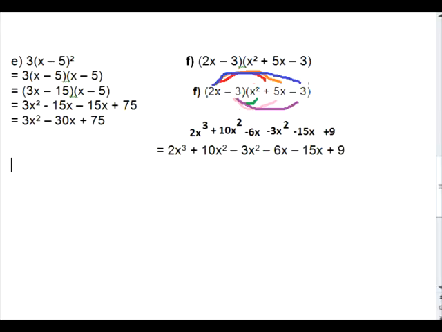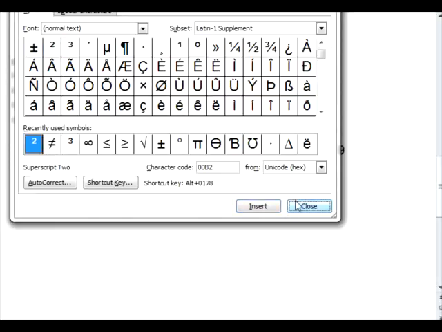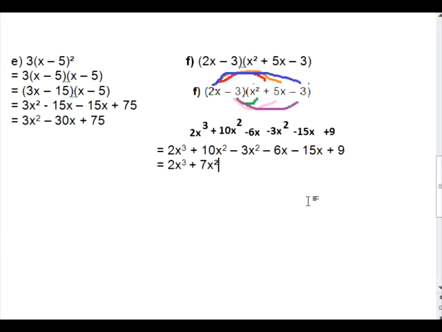Now, when you have things that have the same variable with them, you're just going to add the coefficient. So that's the number that goes with them. So 2x cubed plus, then 10 minus 3 is 7. Negative 6 minus 15 is negative 21, and then plus 9.